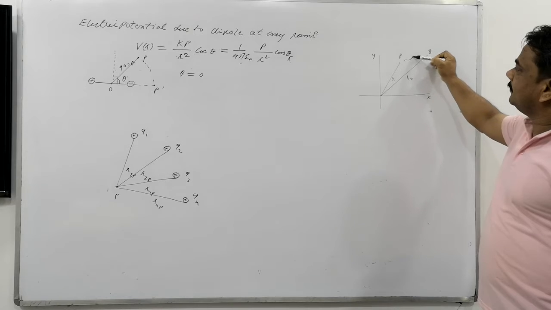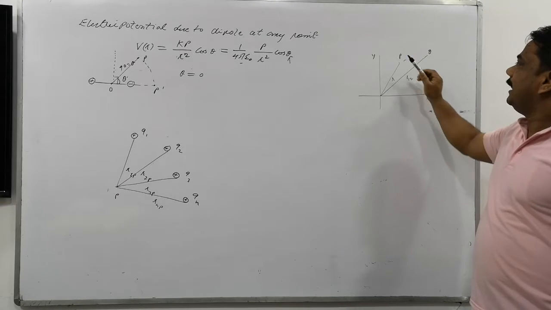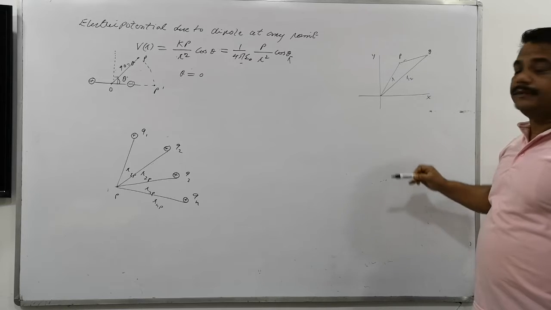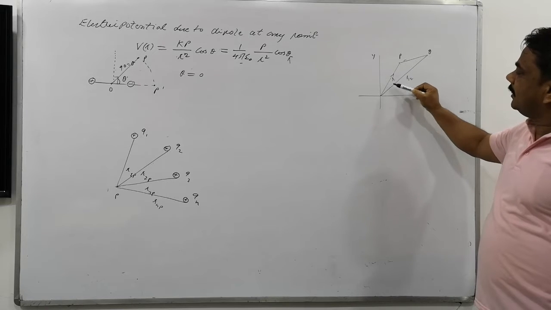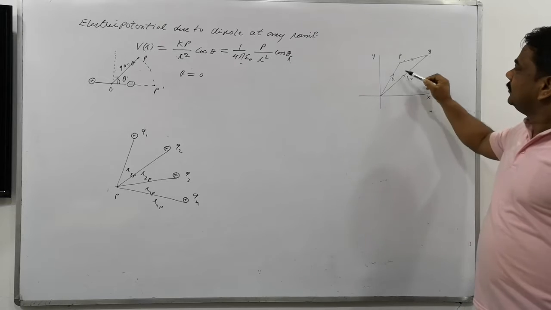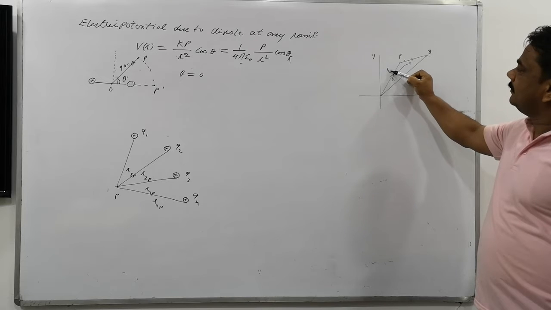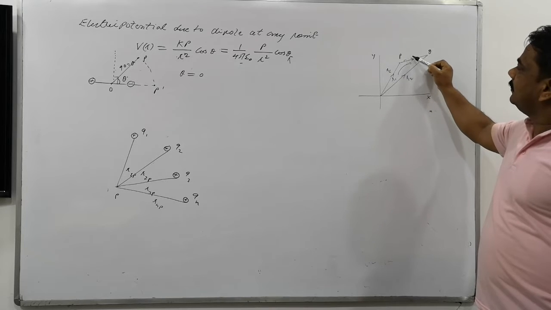So I want to find out the position vector of P with respect to Q. How can we find this? I will join P to Q, and the direction of this position vector is away from P. Is that clear? You may see it's r1, or it's a del r.